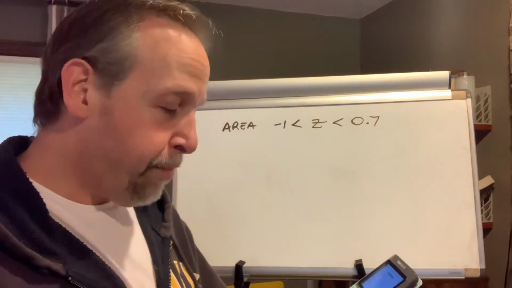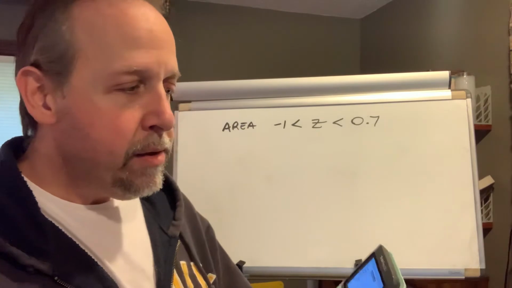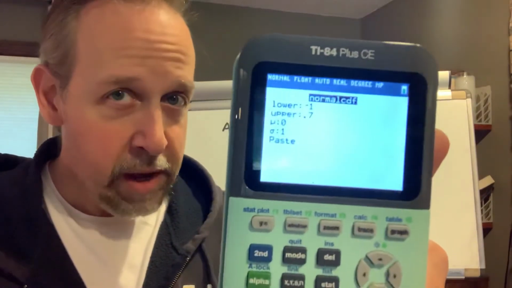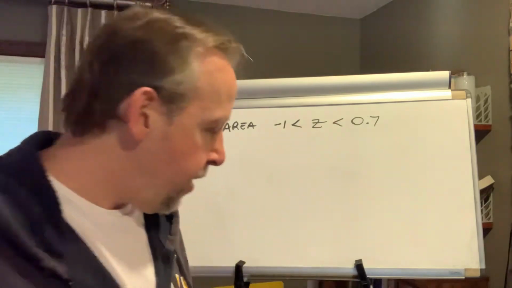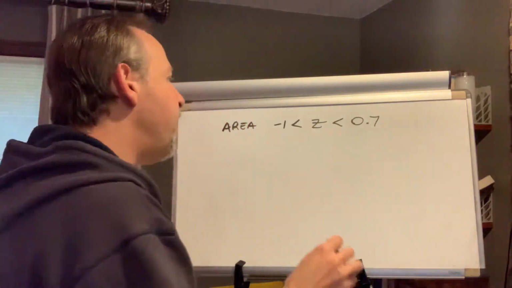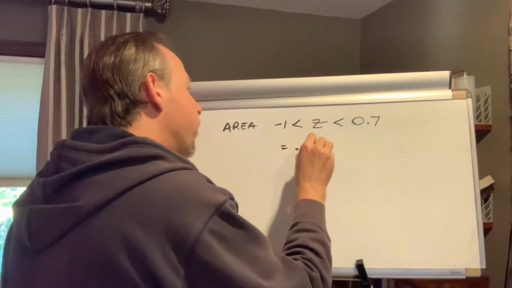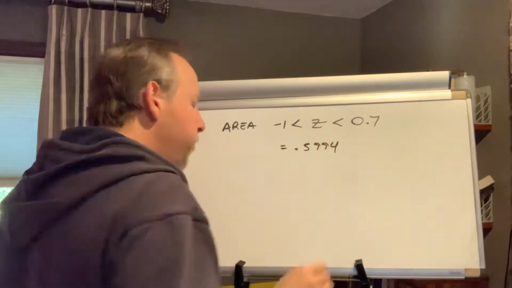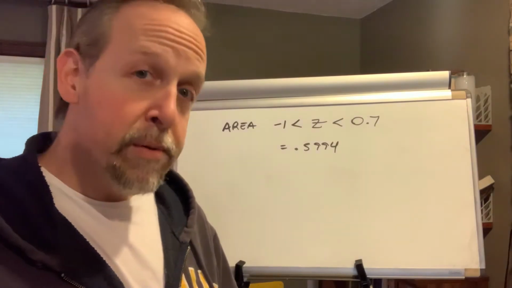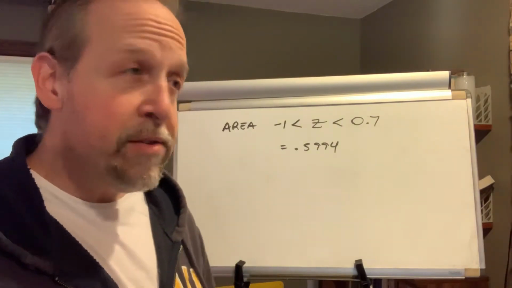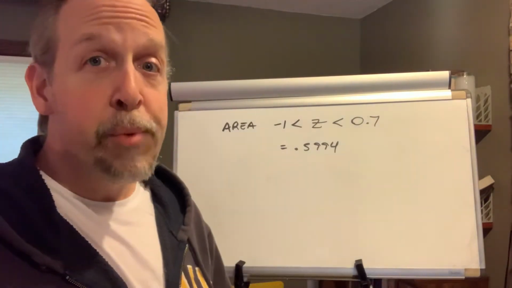The upper bound is 0.7. So we got it all. Enter, go. I got 0.59938, so 0.5994. 59.94% of the distribution under a standard normal curve will lie between z-scores of negative 1 and positive 0.7.